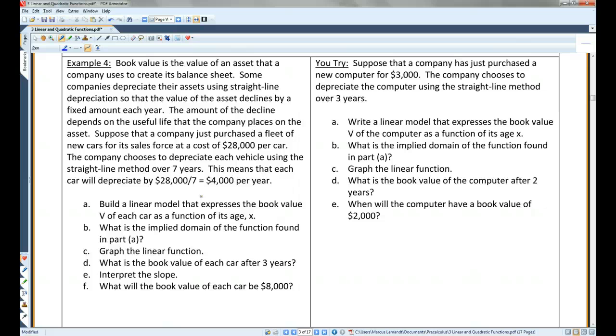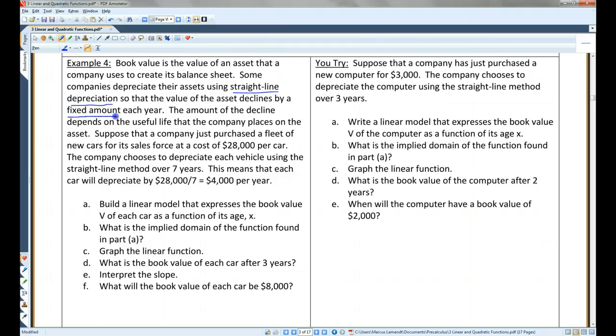Okay, book value is the value of an asset that a company uses to create its balance sheet. Some companies depreciate their assets using straight line depreciation. This straight line depreciation indicates that we can use a linear equation to represent the depreciation. So already we know we're talking about a linear equation here. So the value of the asset declines by a fixed amount.